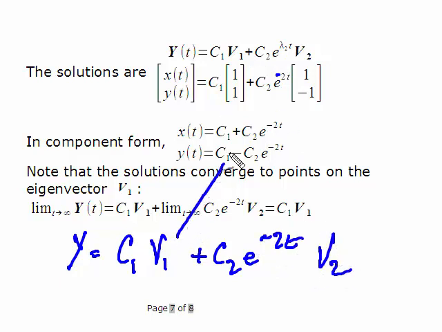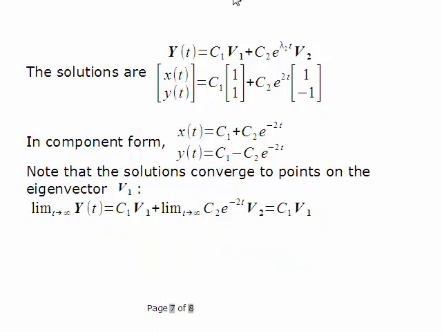So here's v1, here's v2, and now let's look at what happens to these solutions in time. We'll take the limit of y of t as t goes to infinity.